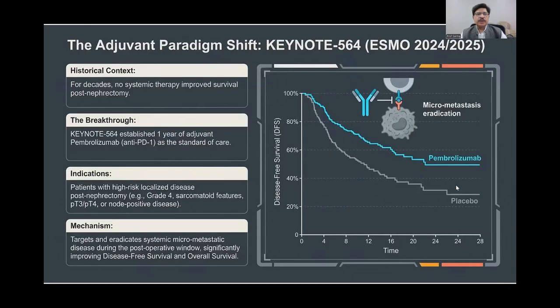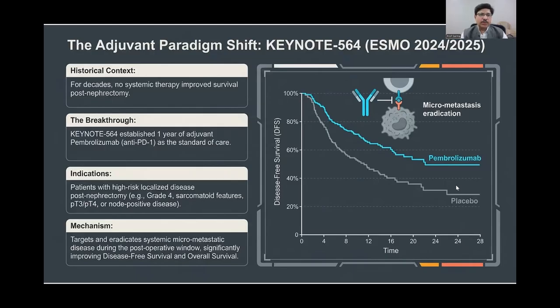Now, you see the adjuvant paradigm shift: the KEYNOTE-564 publication, the ESMO guidelines of 2024 and 25. Historical context: for decades, no systemic therapy improved survival post-nephrectomy. Earlier, there was no systemic treatment, only blade surgery.